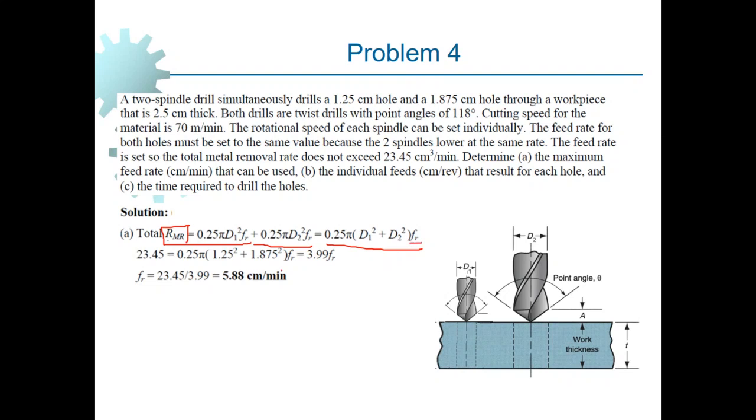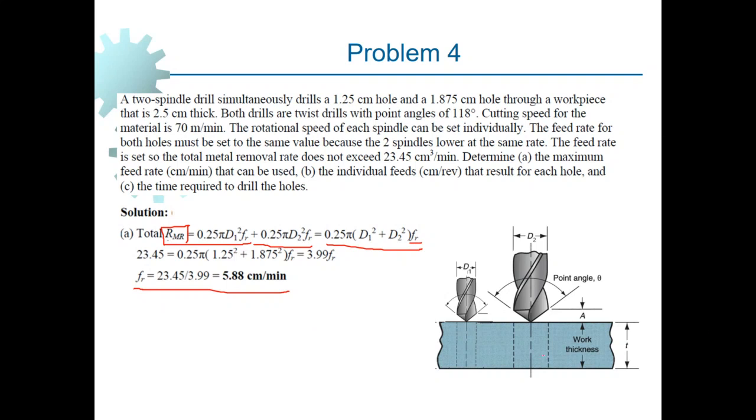So we can solve the equation for feed rate and eventually get the value of the feed rate computed, which comes to this much. And that's the way of computing the feed rate in this problem on the basis of maximum material removal rate. The only thing that we need to consider is that there are two cutting tools and the material removal rate for each of the cutting tools should be taken into consideration to get this done.